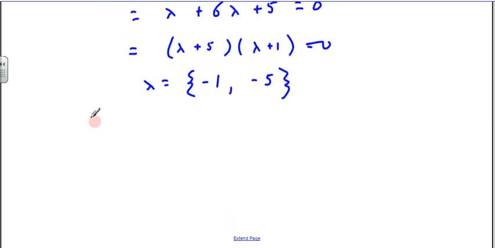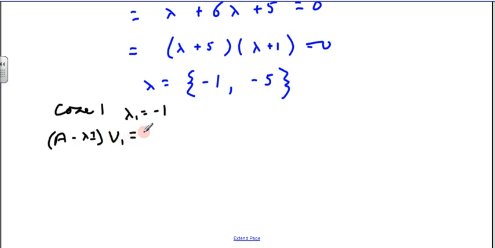Okay, case 1. Now I've got to find eigenvectors. Case 1, lambda 1 equals minus 1. So I want A minus lambda I times V1. That's what I'm doing.